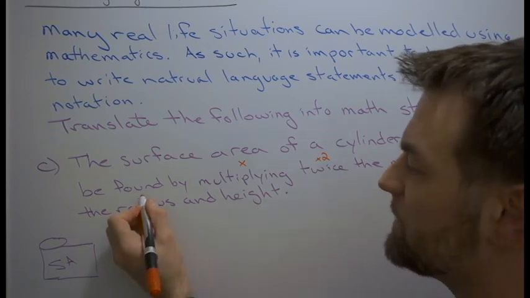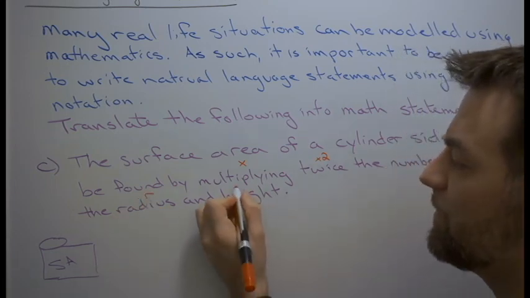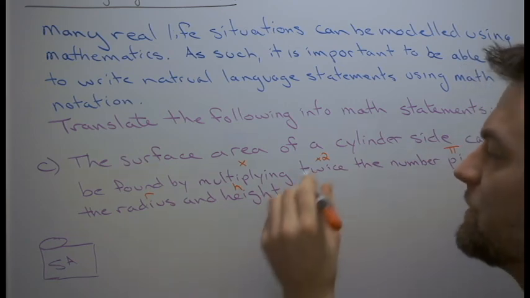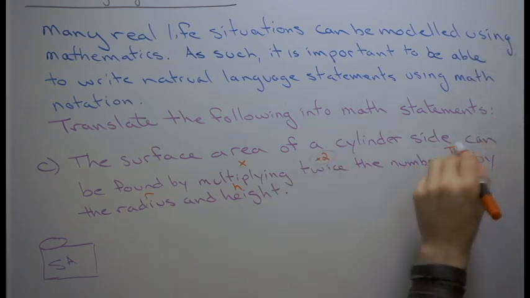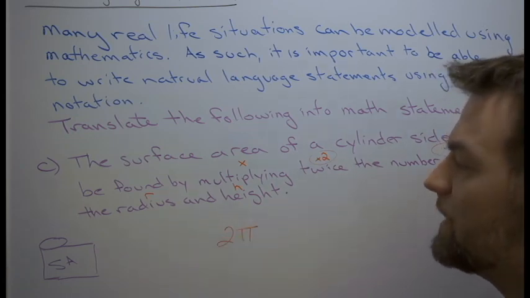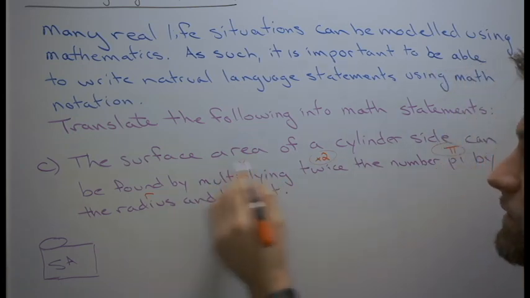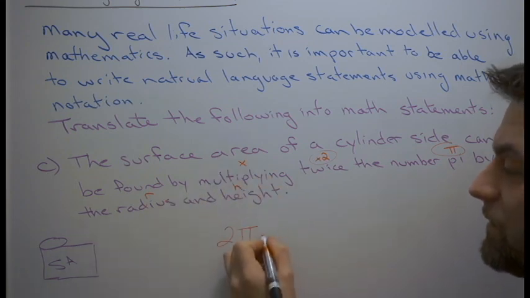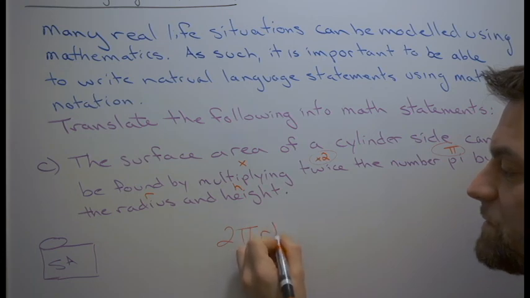So the radius, we can use an r for a variable and h here for the variable for the height. So we need to multiply this 2 and pi, twice pi, times the radius and times the height.